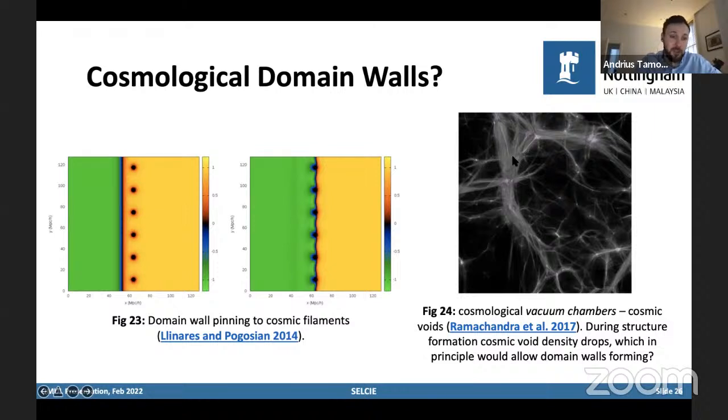The question, once again, even for modeling something like that with our code, is how do you stabilize these domain walls? One possibility is that you could have different dark matter halos, because cosmic voids are not entirely empty, despite the name. So you could, in principle, pin these domain walls to the networks of these dark matter halos.